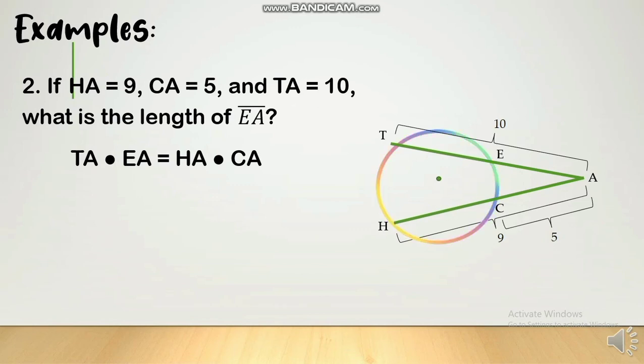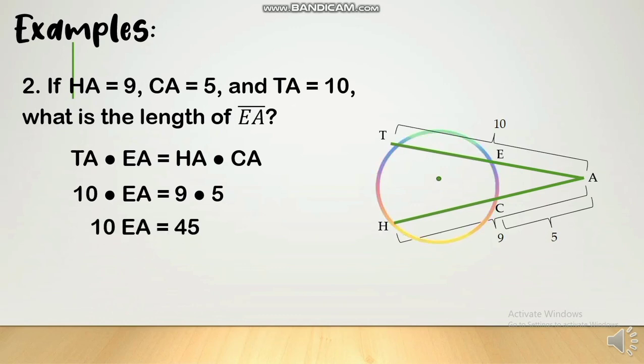So PA times EA equals HA times CA. Substitute: PA equals 10, HA equals 9, and CA equals 5. So 10 times EA is 10EA, which is equal to 9 times 5, which is 45. To solve for EA, divide 45 by 10. So EA is equal to 4.5.